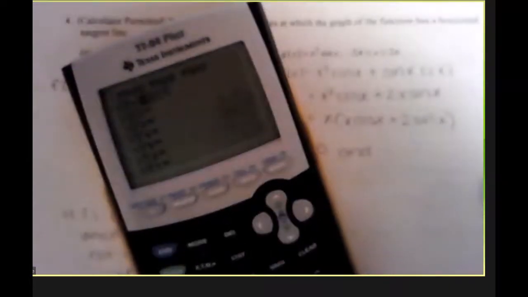So you'd go x parentheses x cosine x plus 2 sine x.